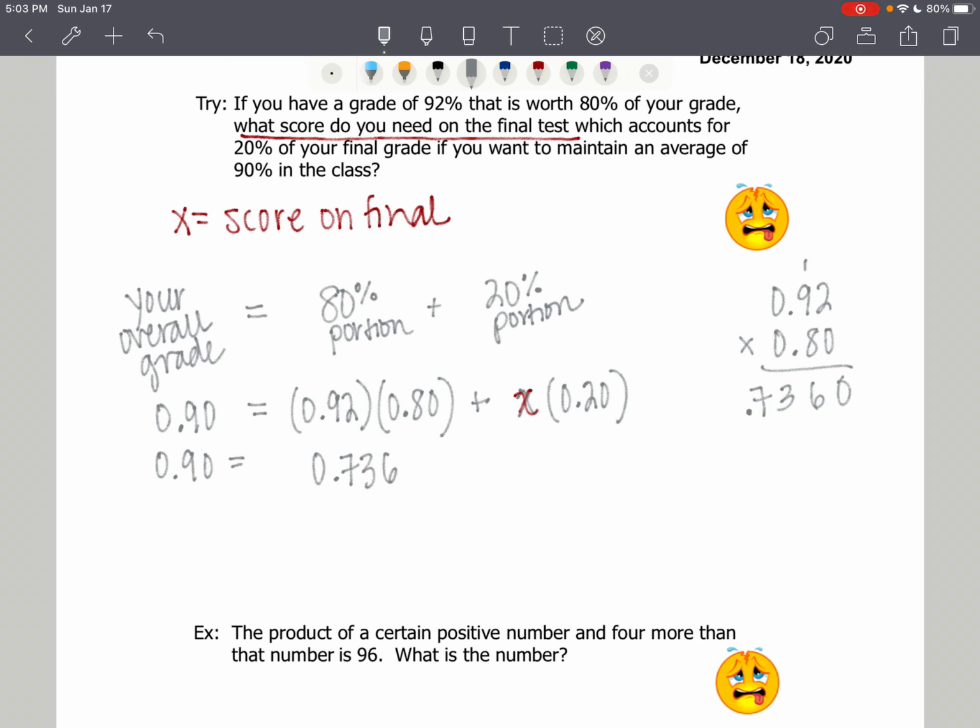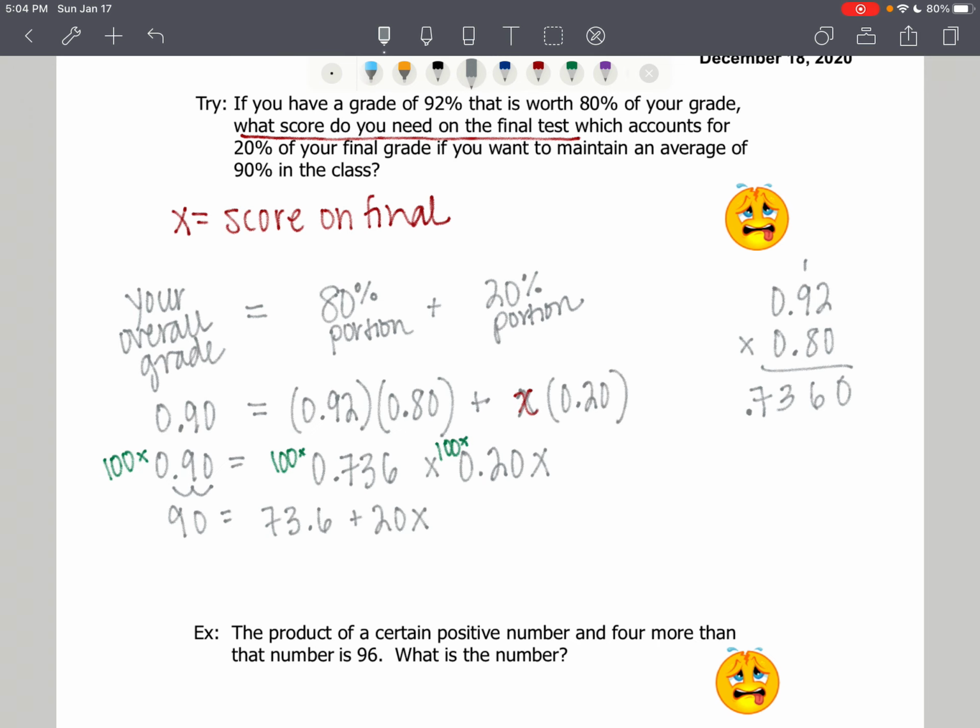So 0.736 plus 0.20x. At this point, I'm done with the decimals. It's really hard for me to work with decimals. So I'm going to multiply each term by 100. When I multiply by 100, it's going to move the decimal place over 2. So 90 equals 73.6 plus 20x.